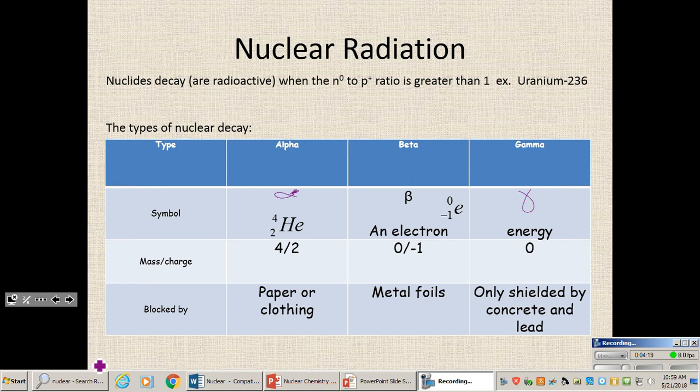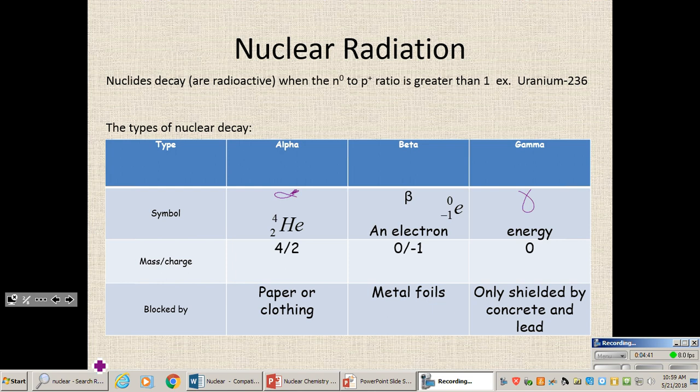Now, you may have heard that nuclear radiation is harmful, and it is. I mean, gamma rays can get into the DNA of your cells and scramble things up and cause mutations. But we can block it. Alpha radiation is the weakest of the radiation, and just a piece of paper or clothing blocks it.